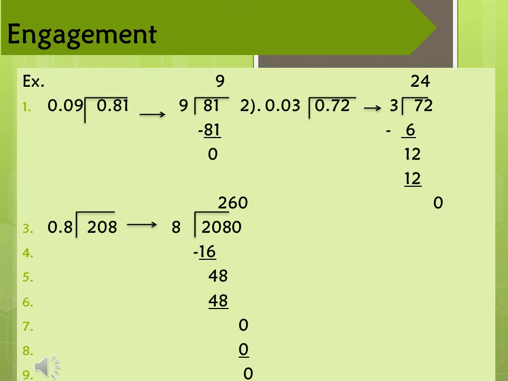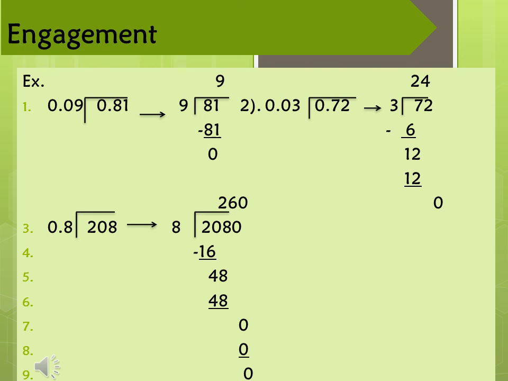Example number 2. 300s divided by 7200s. Make the divisor a whole number. I-move natin ng 2 beses ang ating decimal point. So, magiging 3 siya. At yung ating 7200s, i-move din natin ng 2 beses, magiging 72.